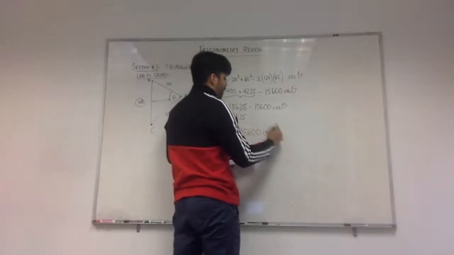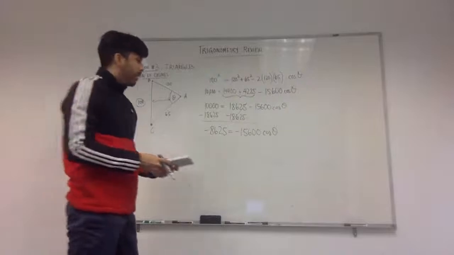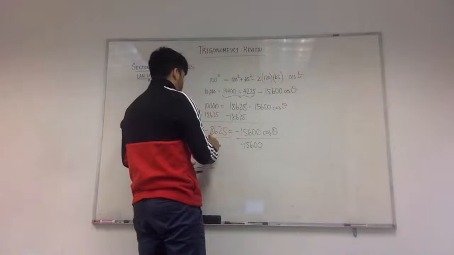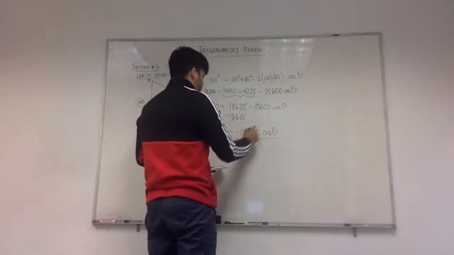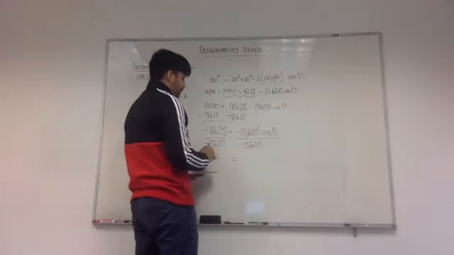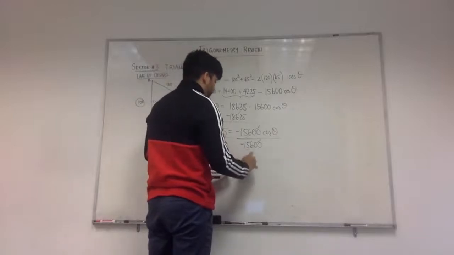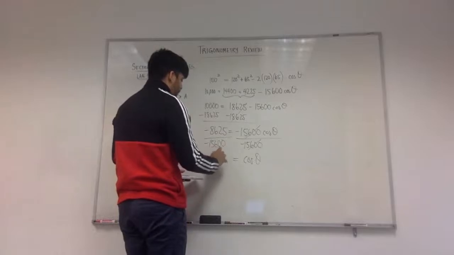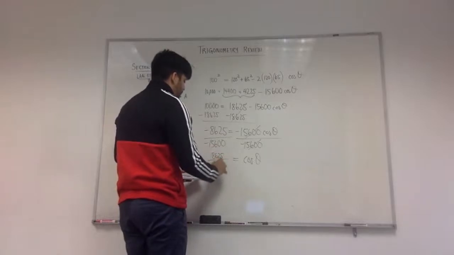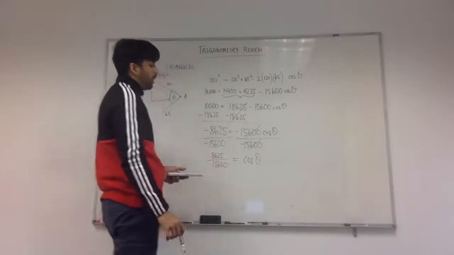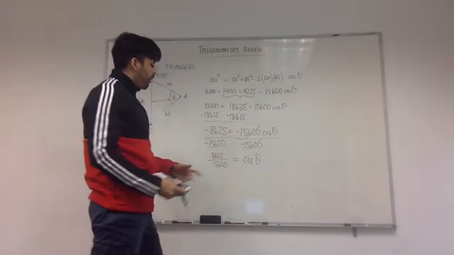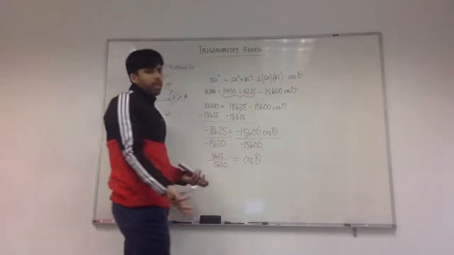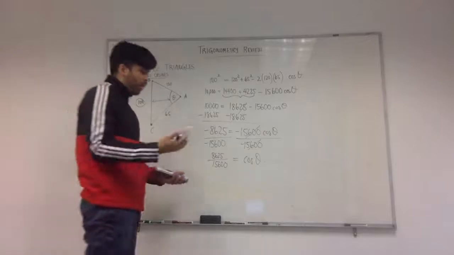And again, I want to get theta by itself, so I need to divide both sides by negative 15,600. And this becomes cosine theta equals negative 8,625 divided by negative 15,600, which is positive. Now, I want to figure out what the angle theta is. The only way to do that is utilizing inverse cosine.